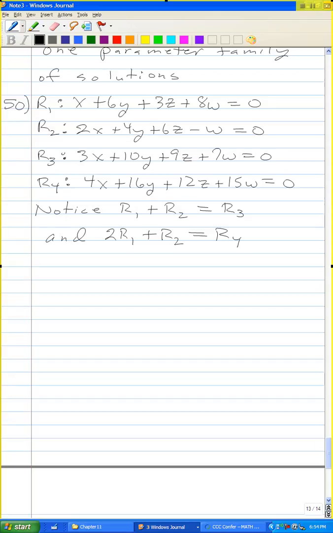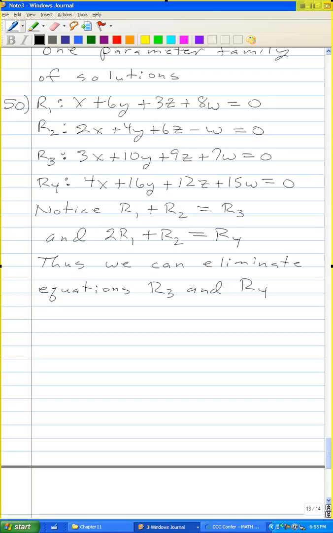And so let's show that. Thus, we can eliminate equations R3 and R4 because they're really just a rewriting of equations R1 and R2. Basically, these are just linear combinations of the others.